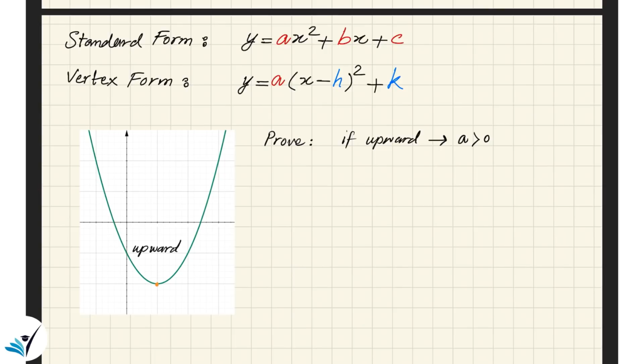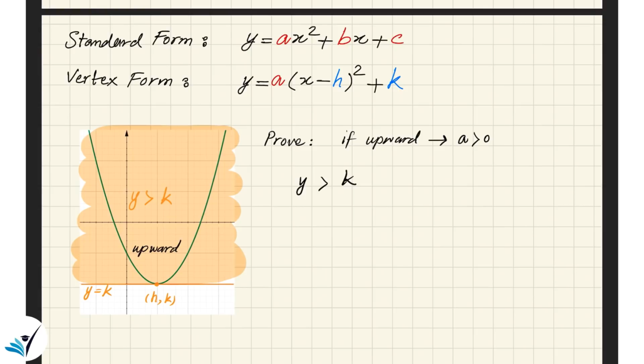So this point on the graph is the vertex, and the coordinates of the vertex are h and k. And this horizontal line here is the line where y is equal to k. And this shaded area above this line is where y is greater than k. So in this shaded area, y is greater than k. Our parabola is located in the shaded area where y is greater than k.